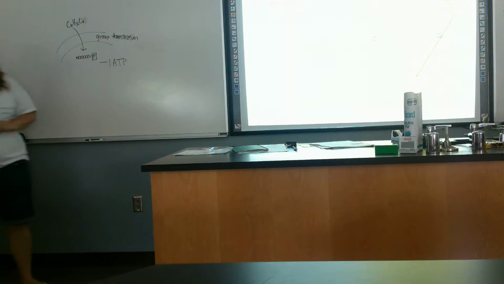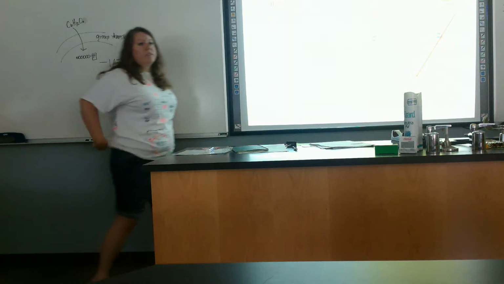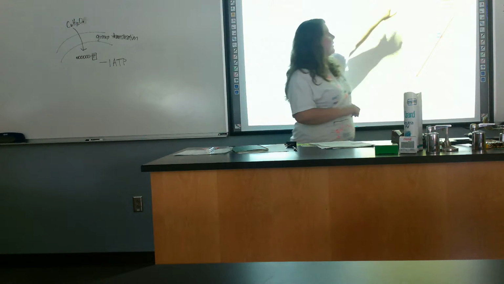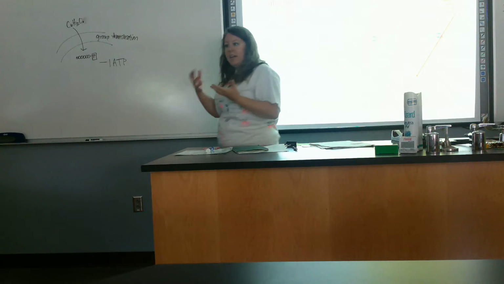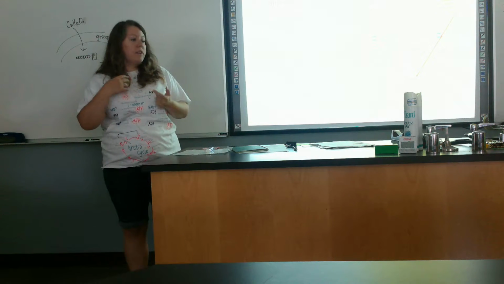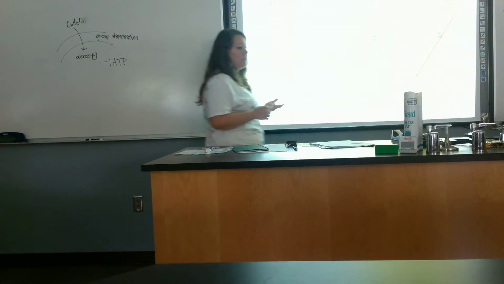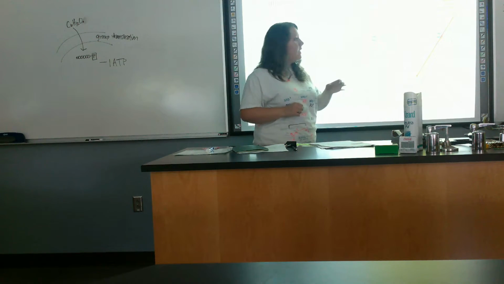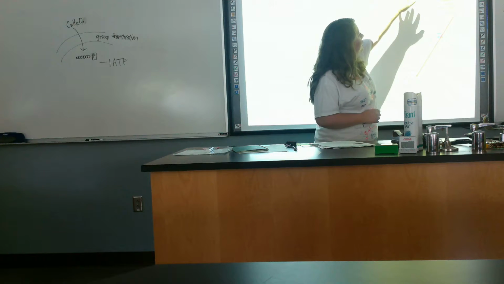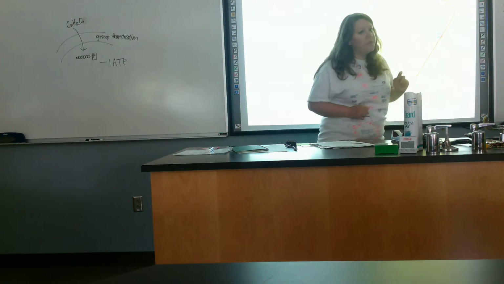Okay, the next step of importance. There's some other stuff that happens that you don't need to know. Basically, the glucose 6-phosphate is converted into another form, but we don't lose any carbons. The glucose 6-phosphate is made into fructose 6-phosphate.